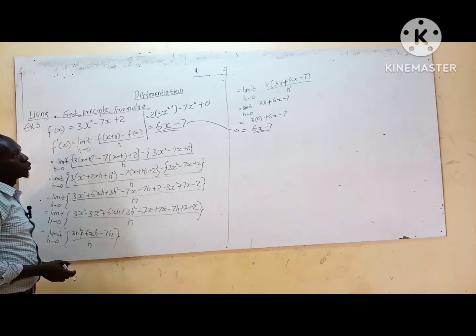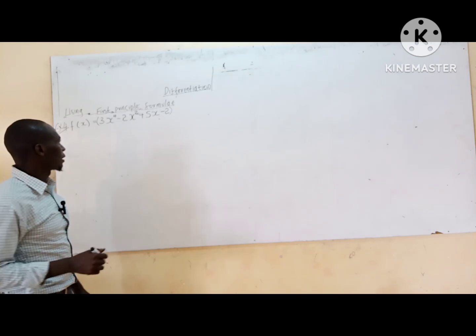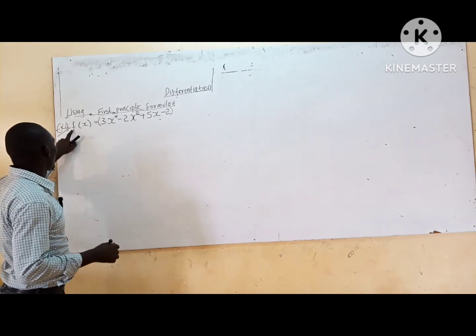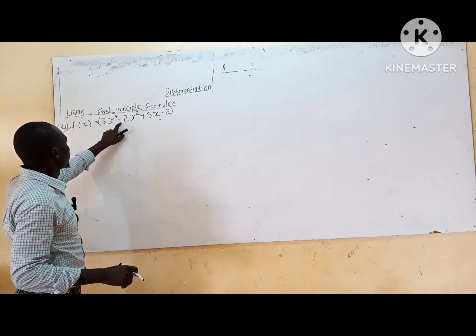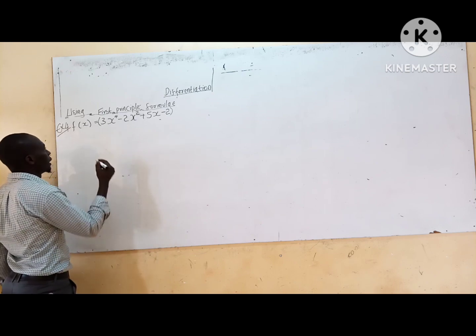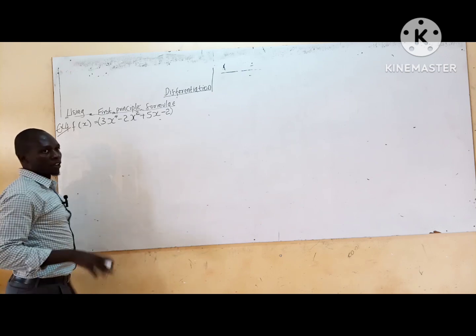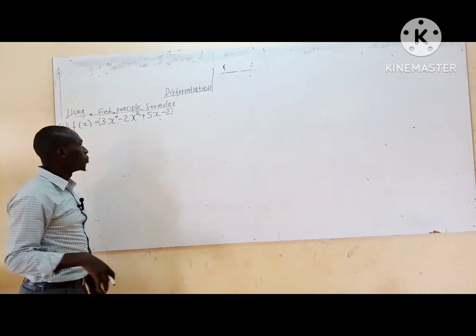Let us now get to our last example. In our last example, which is example 4, we have a function f of x is equals to 3x power 4 minus 2x squared and 2x minus 3. First thing that you need to understand is the formula.